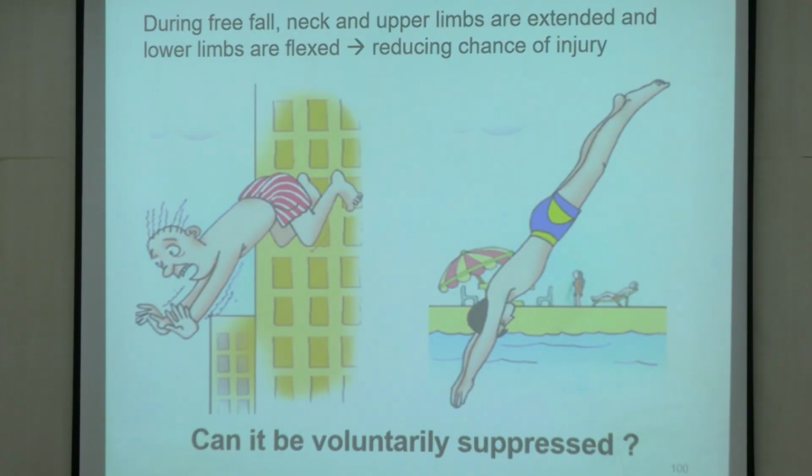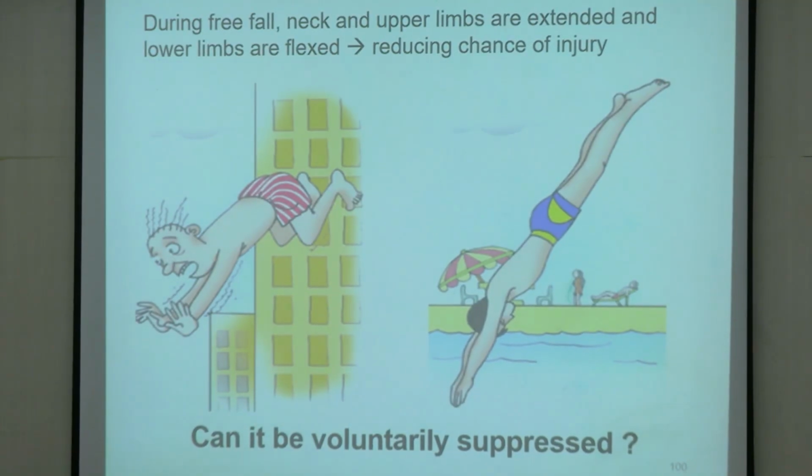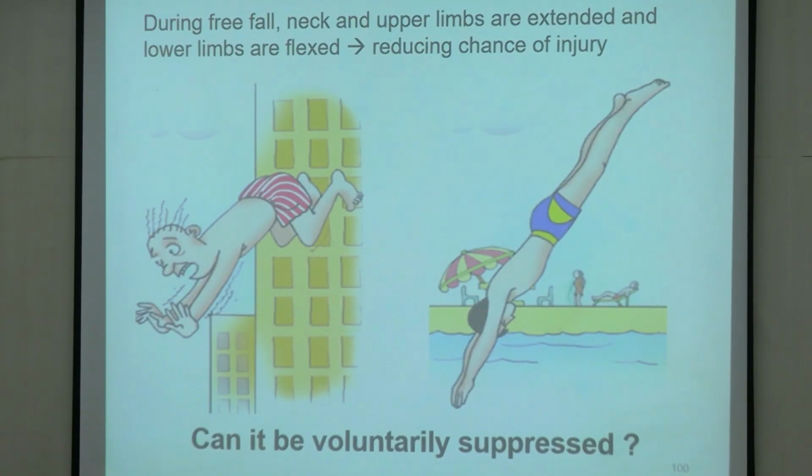The diver dives as he or she has planned. Have you ever seen a diver diving like this? No, everyone dives like this finally. So this just tells us that all of these postural reflexes can be suppressed voluntarily. This is the inference from this example.